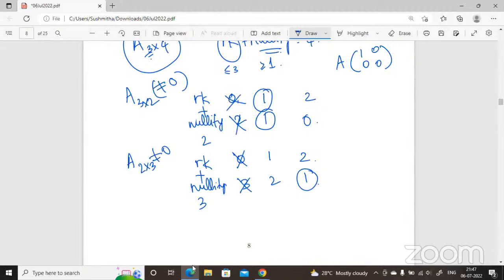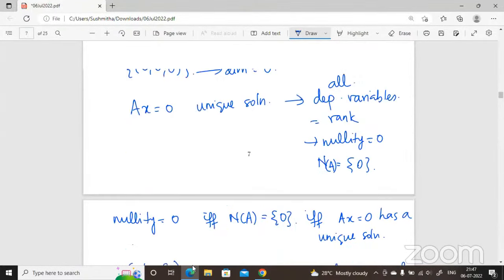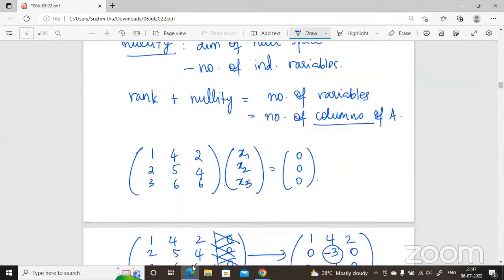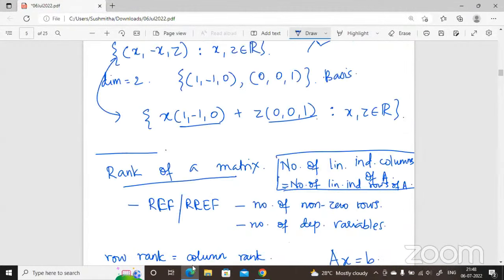Just going back to the definitions, rank is the number of dependent variables or the number of linearly independent rows, is it? Number of dependent variables, or non-zero rows being linearly independent rows. Is that the way to read it? No, see, what is a dependent variable?